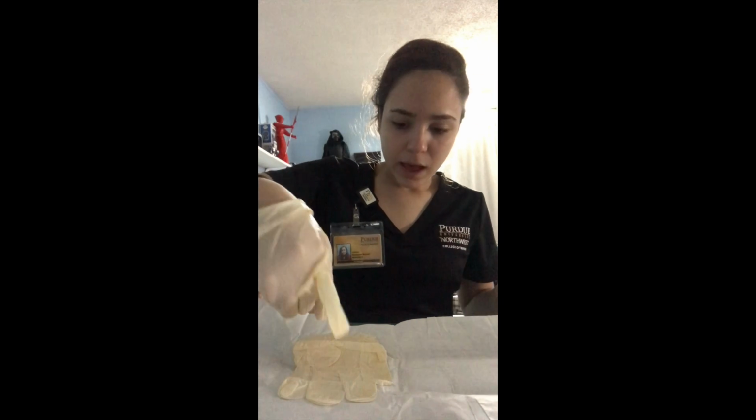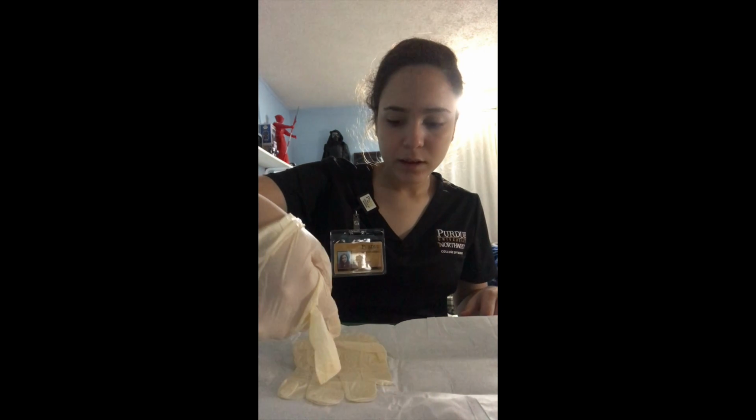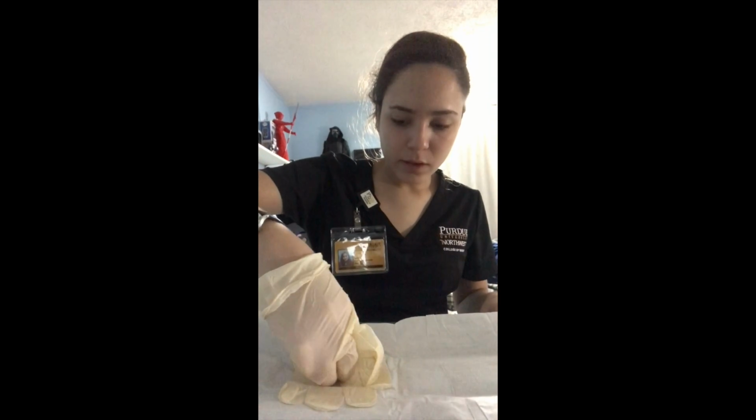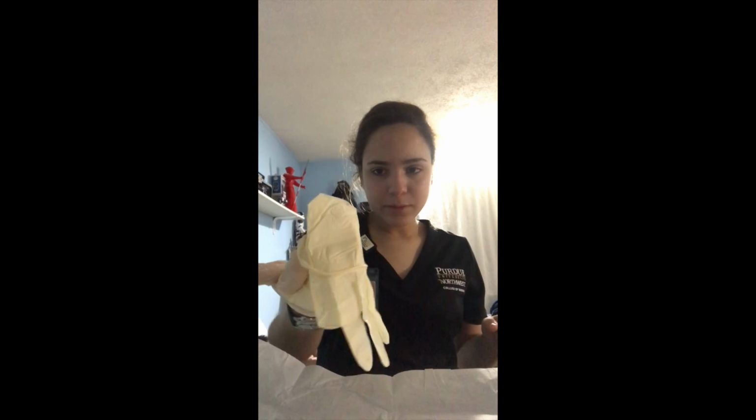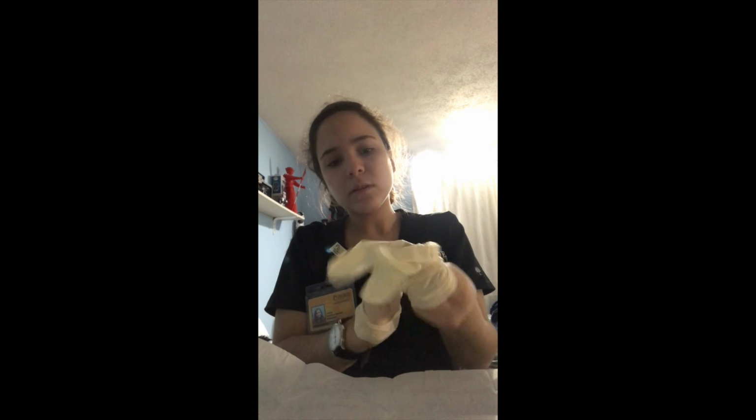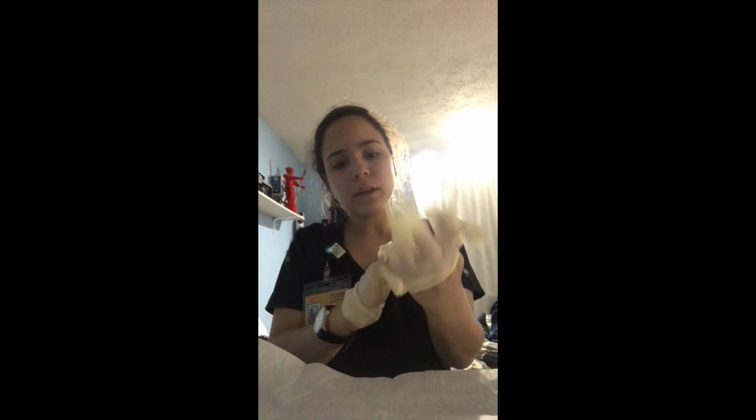So now with my sterile glove hand, I need to put my fingers inside here to get my next glove. I cannot touch this part; I can just touch the sterile part of the glove. So I get it, and I put it on my hand.